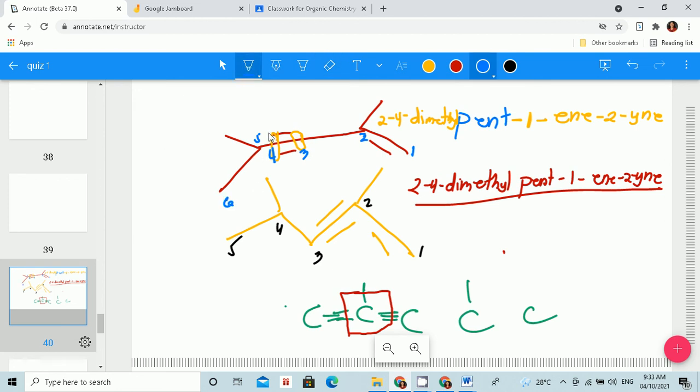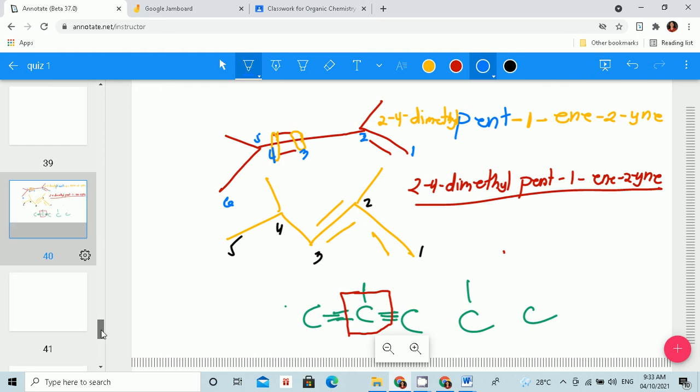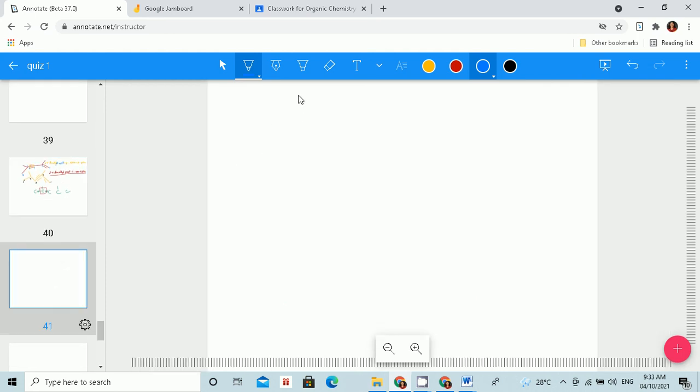Okay. So let's do this again. Okay, so we have again, so the structure there is this one, and then we have, okay, that one, and then we have 1, 2.